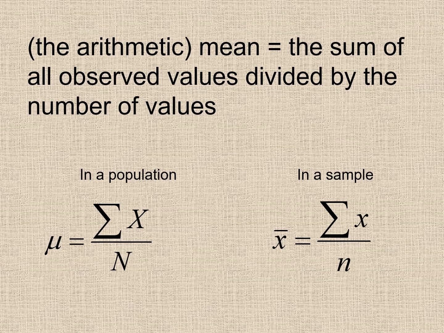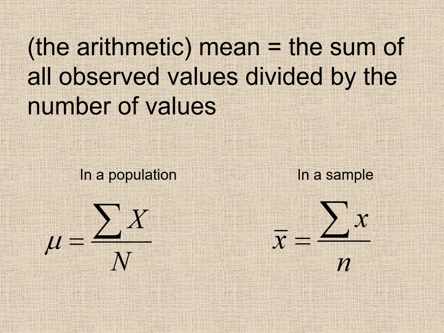X stands for observed values, and n equals the number of observations. So it says μ, the population mean, equals the sum of all observed values x divided by the number of observations n.